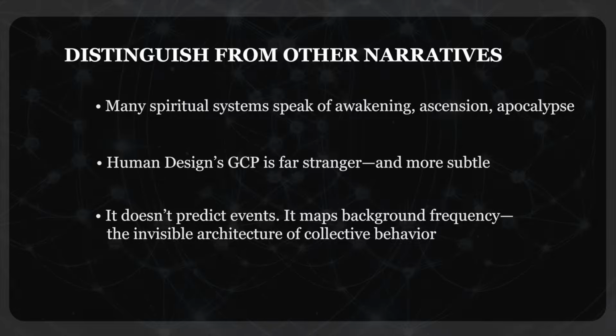So we're not using this to predict anything. What we're trying to do is map this background frequency and to identify an invisible architecture of collective behavior. That's what the global cycles is to me. You spoke more eloquently about neutrinos than I ever can. But that was another sort of aha for me in Ra's teachings, was, wow, this is consciousness.